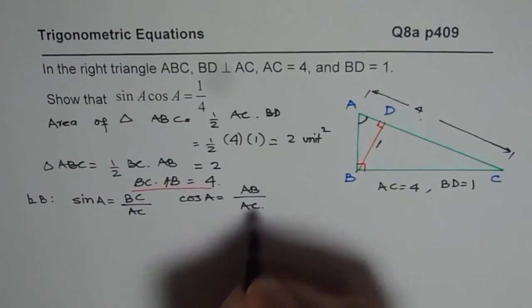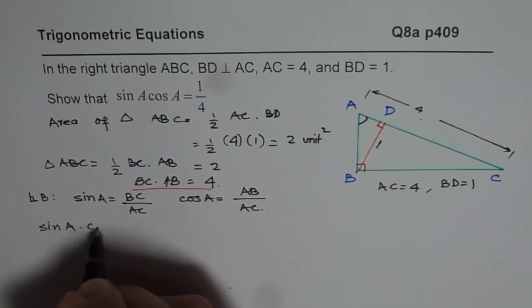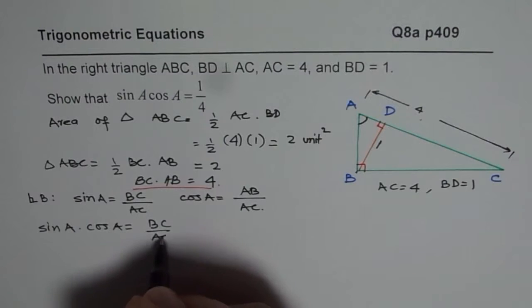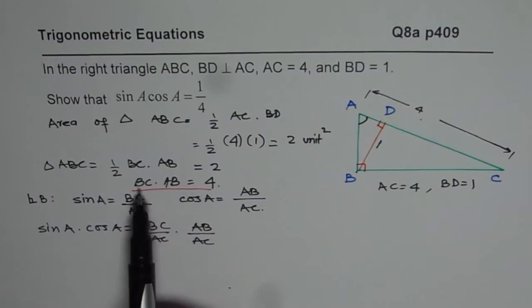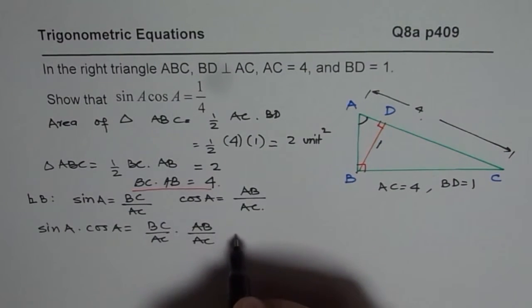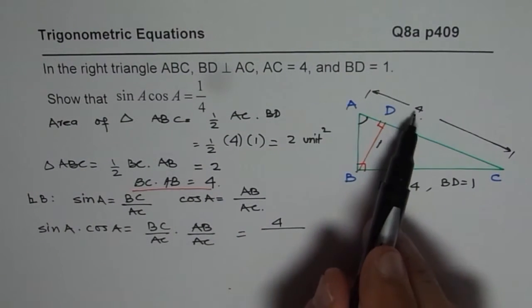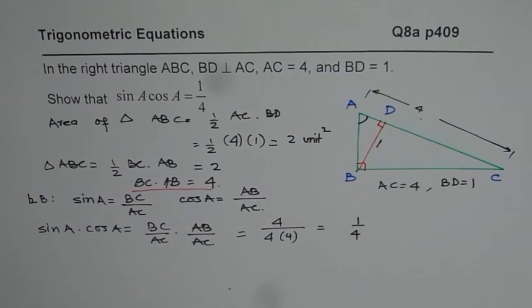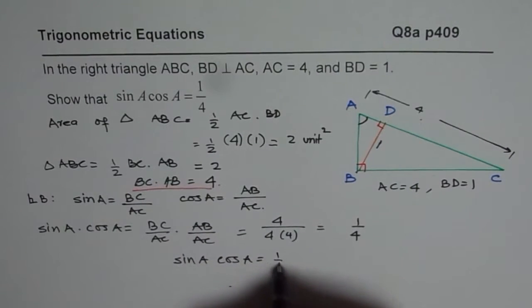If I multiply these two, I get sine A cosine A equals BC over AC times AB over AC. We already found BC times AB is 4, so the numerator is 4. And AC is 4 units, so the denominator is 4 times 4. It simplifies to 1 over 4, and that is how we can show that sine A times cosine A equals 1 over 4.